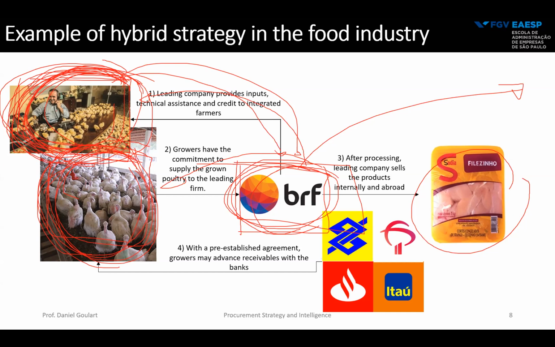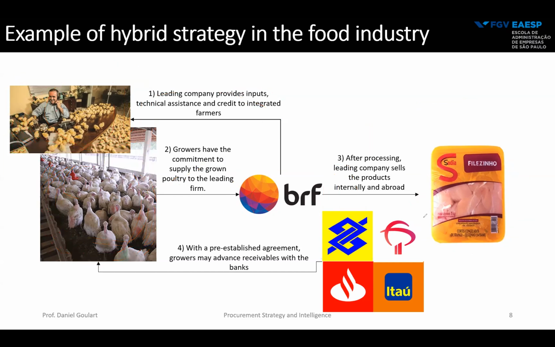More common is guarantor of the operation. Yes, Lucas, here I put the banks because sometimes BRF is not willing to use its own cash to finance those guys. Typically, as I explained on the relation between the farmers and Carrefour and the retail sector, here is the same thing.